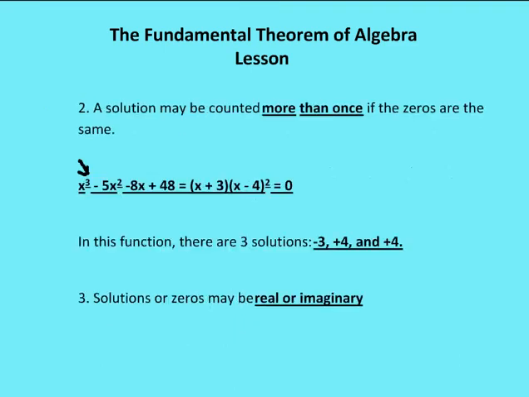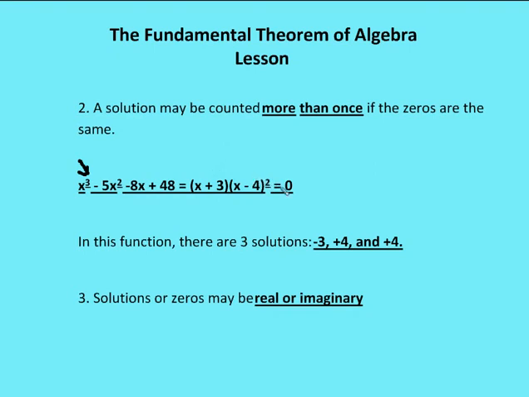All right, moving on. Okay, so some caveats and things to know about the fundamental theorem of algebra, and that is a solution may be counted more than once if the zeros, the factors, are the same. So in this example, I have x cubed minus 5x squared minus 8x plus 48, and that factors to x plus 3 times x minus 4 squared.